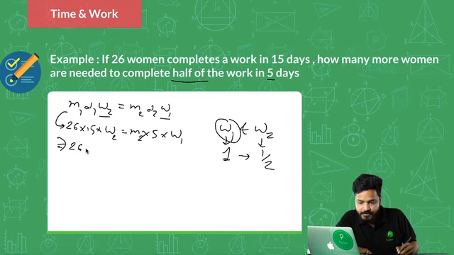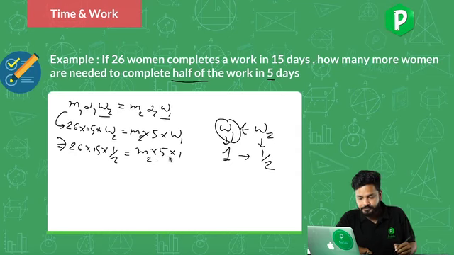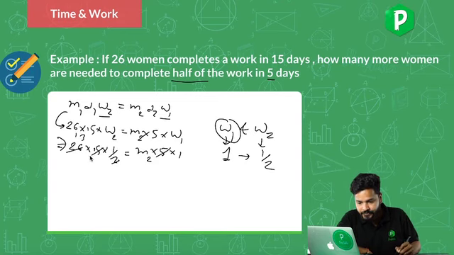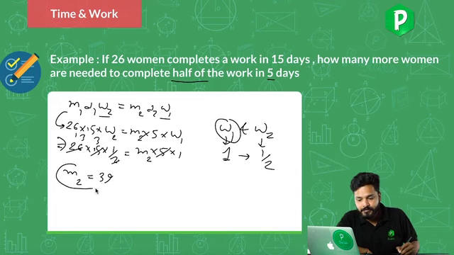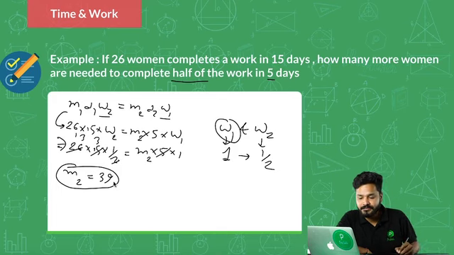So 26 into 15 into 1 by 2 is equal to M2, which is my variable and I need to find, times 5 times 1. So 26 and 2 gives me 13, 5 and 15 gives me 3. So I get my M2 as 39. So from here I can find out that the number of women needed to complete half of the work in 5 days is 39.